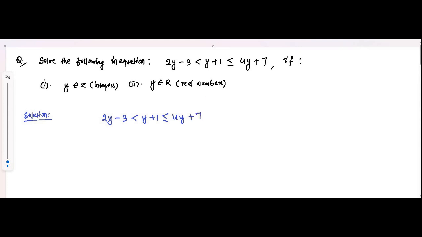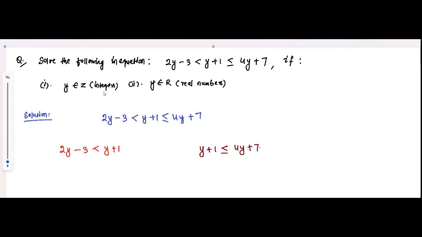So here the given inequation consists of two parts. The first part is 2y minus 3 is lesser than y plus 1, and the second part is y plus 1 is lesser than or equal to 4y plus 7.